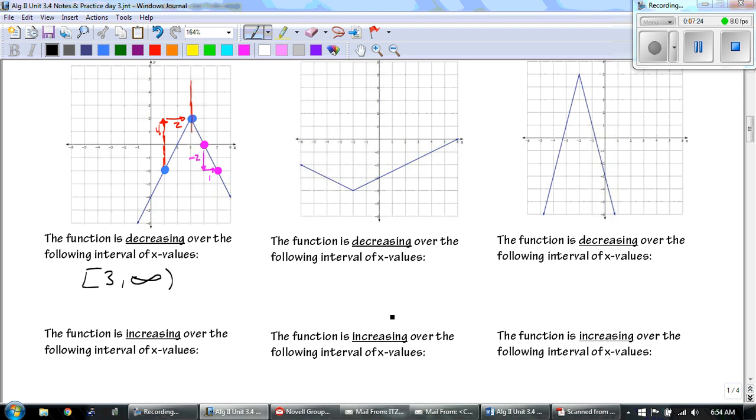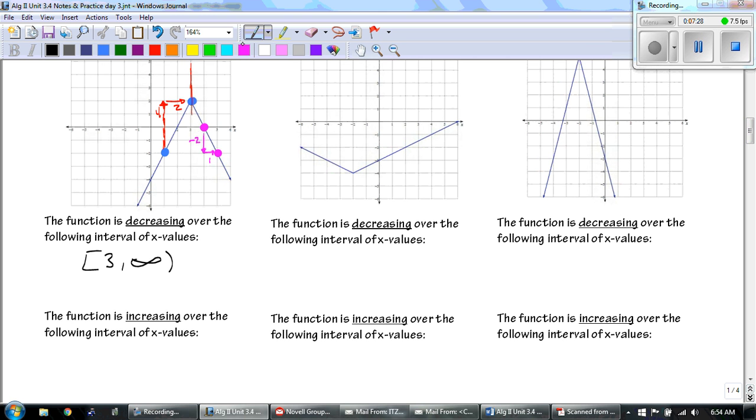That's that interval notation that we were just talking about. So that's when our graph is decreasing and our graph is increasing from negative infinity to 3. So that's describing what's going on.